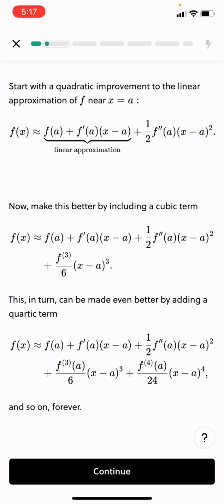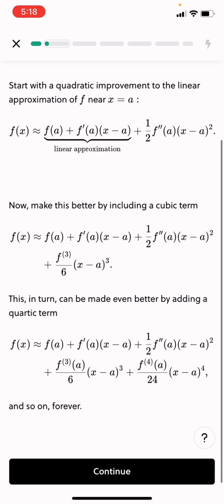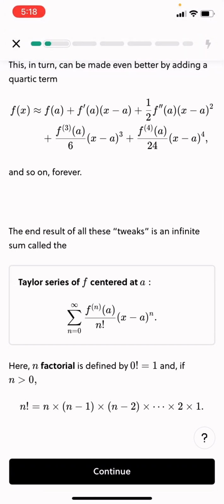So to make it even better, we add f4(a) over 24 times (x minus a) to the fourth power. And so it just goes on forever, which I guess is a little confusing, and no one would do that. The end result of these tweaks is an infinite sum called the Taylor series of f centered at a, the sum from n equals 0 to infinity, and as you can see, the rest of the equation.